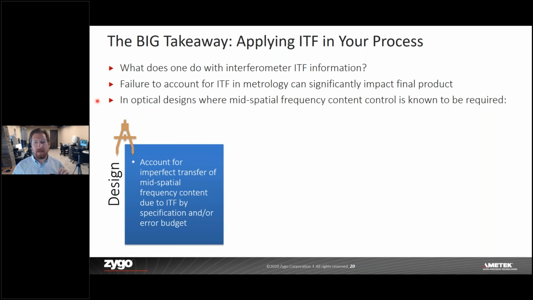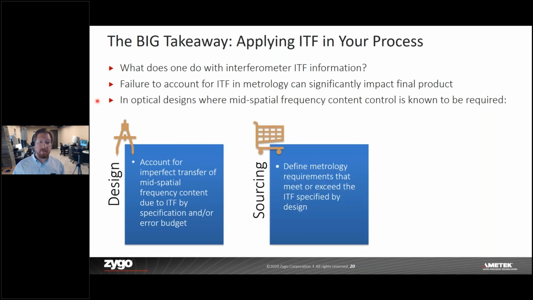So if there is an optic with specific control over mid-spatial frequencies, one can specify the ITF of the instrument that would be required to measure that optic, and knowing that the ITF is a variable in the measurement, the result of that measurement, the reduced height information, can be accounted for in an error budget at a design level.